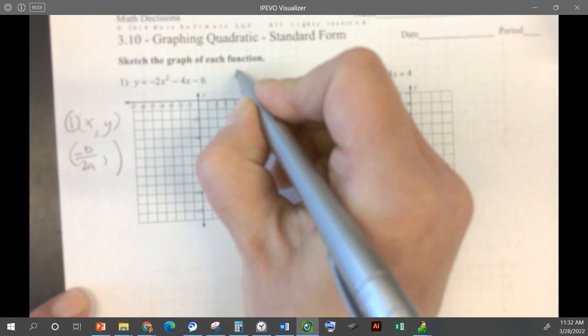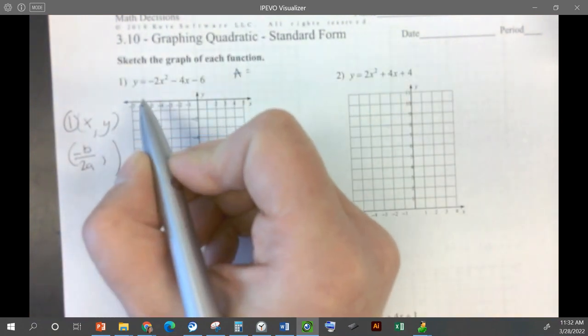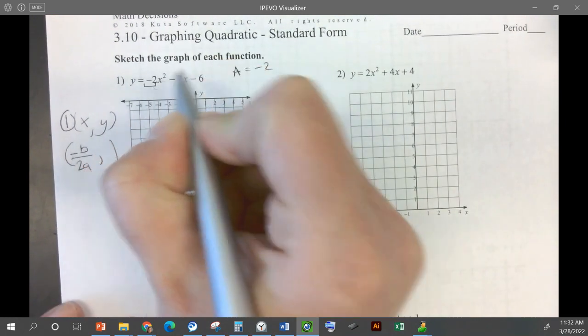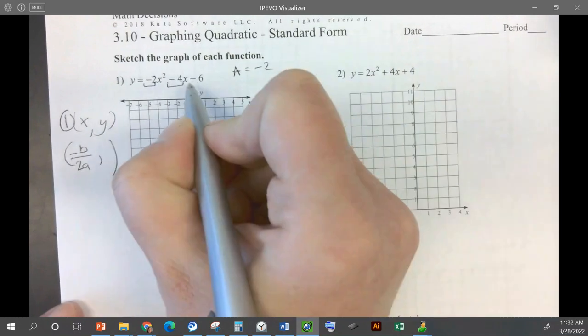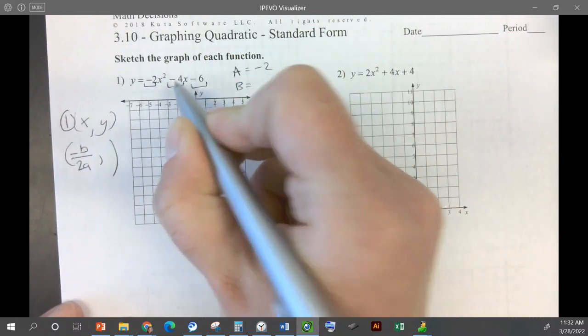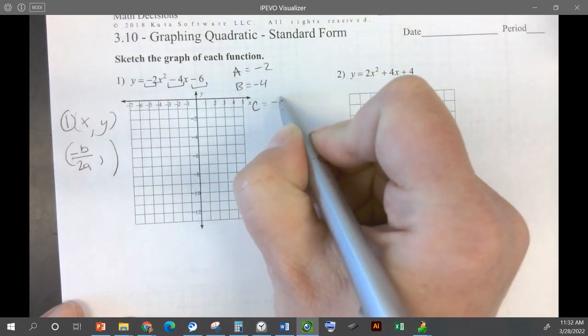So here, what would a be? Perfect. Negative 2 is the number in front of x squared. That's a. This is b, and this is c. So b is negative 4, and c is negative 6.